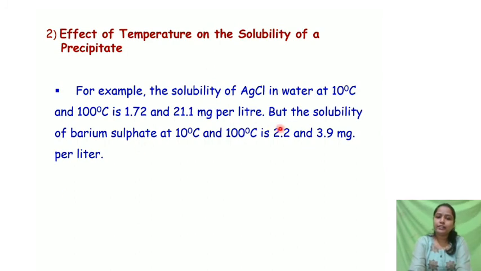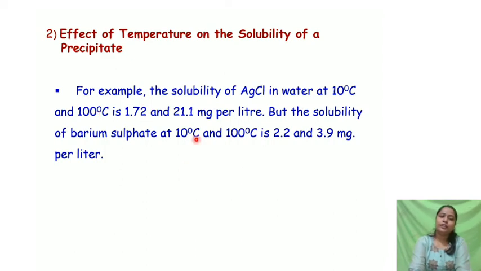Here for barium sulfate solubility increases slightly, while in case of AgCl, solubility increases very rapidly with the rise in temperature.